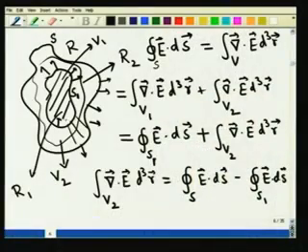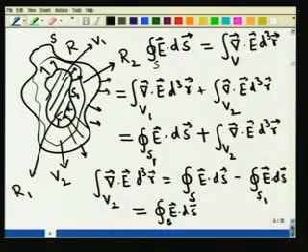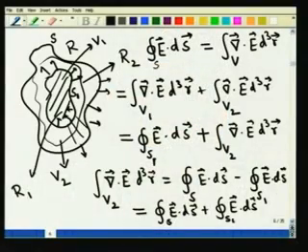Therefore, what I should do is to take the surface integrals actually coming outside the volume, not entering the volume. That is the convention that we have always had. If we did that, this can be written as the surface integral over S of E dot ds plus the surface integral of E dot ds over S1, but S1 has to be redefined.